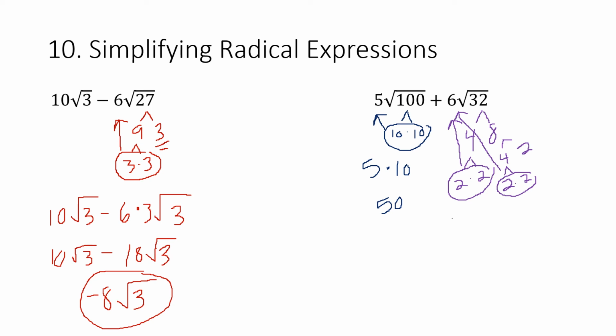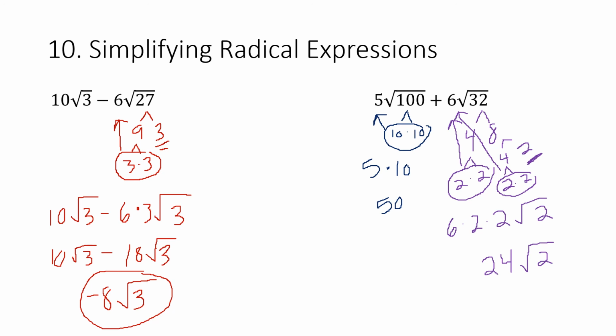So now we've got 6 times 2 times 2, and then all that's left in the radical symbol is this 2 over here that's by itself. So let's simplify that. 6 times 2 gives us 12, and 12 times 2 gives us 24. Bring down your 2 that's in the radical.